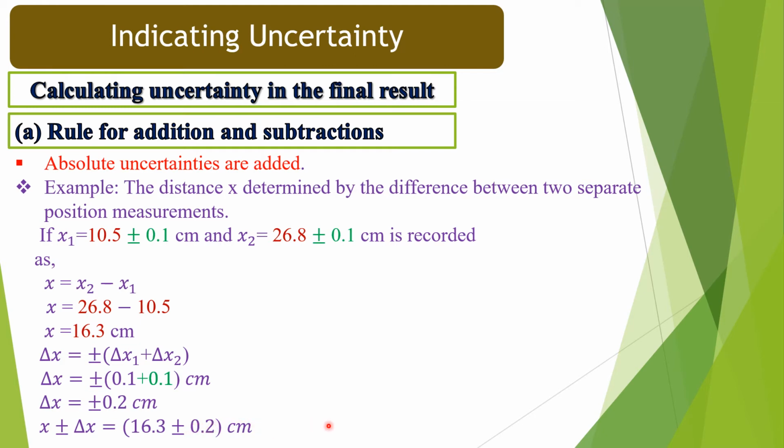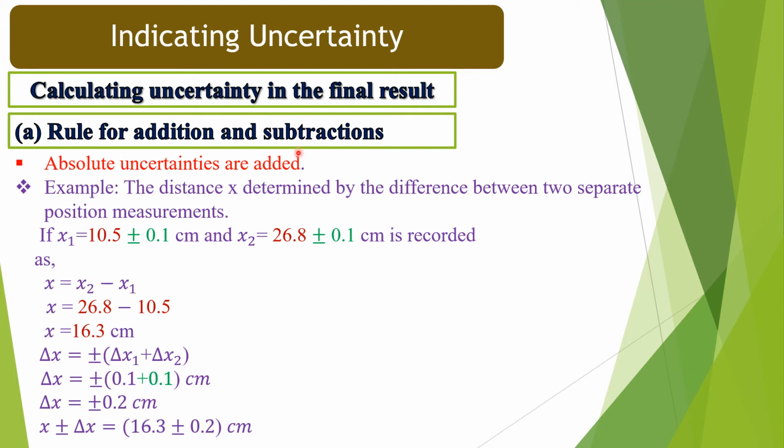Here in this experiment, we subtracted both values and we applied the rule for subtraction, that is, add both uncertainties. Similarly, when we add the values to get the final measured value, we follow the same procedure, because the rule for addition is the same as the rule for subtraction.